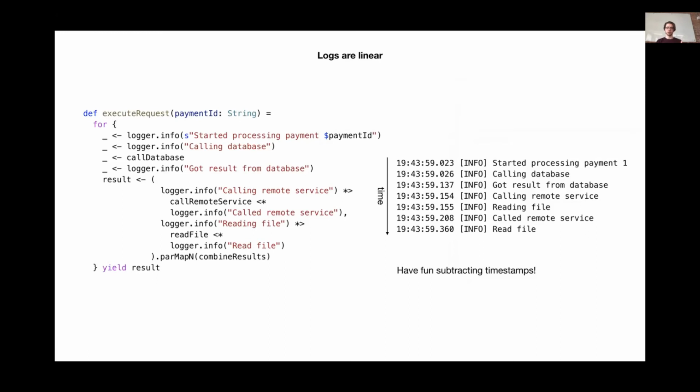We don't have a notion of duration. So when did this start? When did it end? We can add that if we add some more logs, but then we need to manually look at that and find the logs that correspond to each other, and then subtract how long that takes. And it's not going to be fun. It's not going to be fun at 3 a.m. and it's not going to be quick.